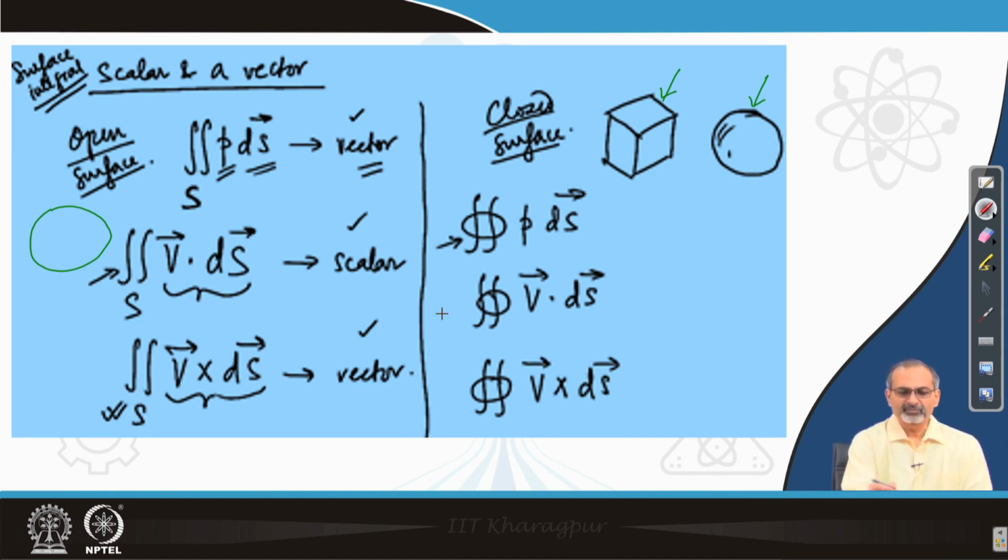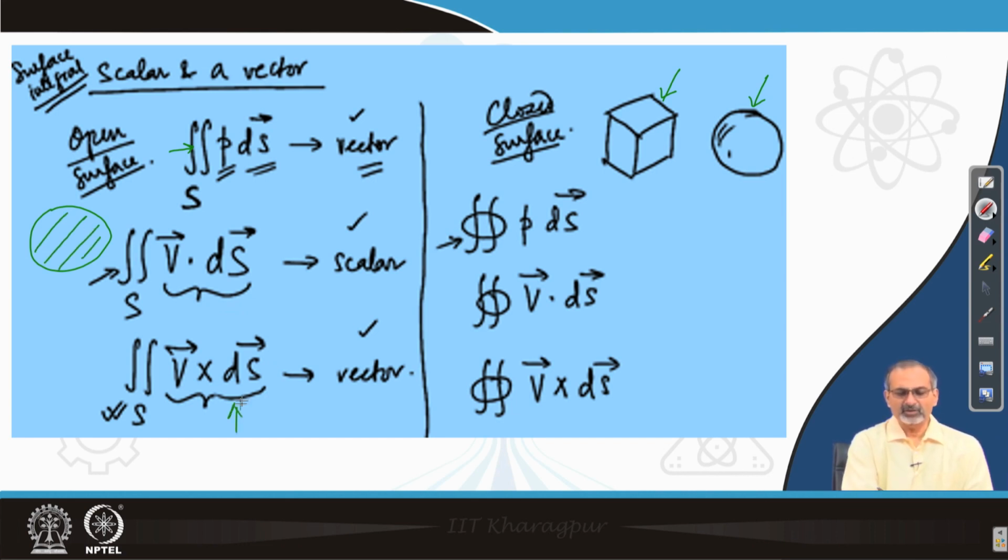If you do so, then you try to indicate the integral in this form, where it is just a double integral in the sense it is a surface integral, and then the integrand is p, which is a scalar integrated over the surface area ds, which would of course yield a vector. If you on the other hand integrate a v dot ds, that ends up forming a scalar over this particular surface area.